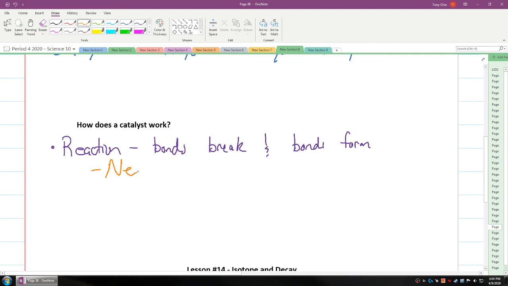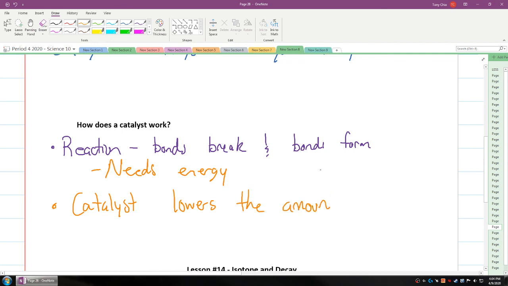So what does a catalyst do? A catalyst lowers the amount of energy needed for these bonds to form and these bonds to break. And this is how a catalyst works.